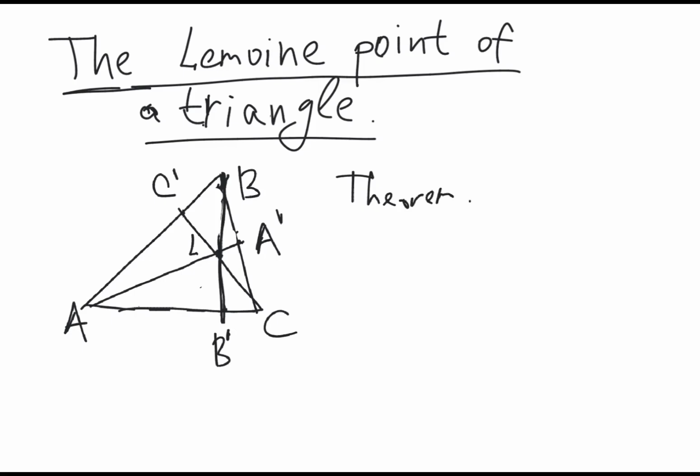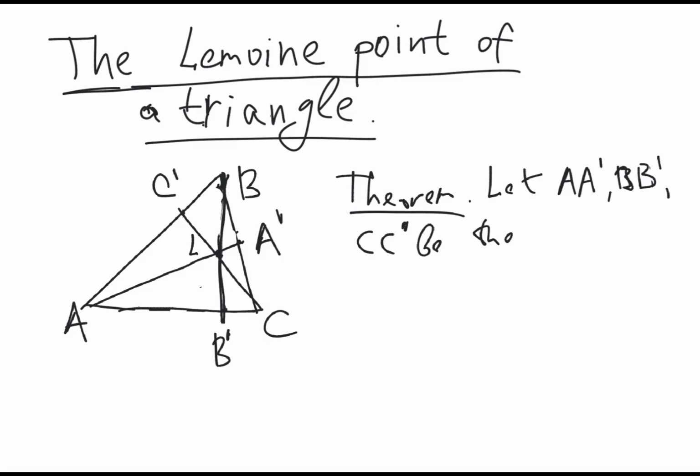Theorem. Let AA prime, BB prime and CC prime be the symmedians of the triangle ABC.